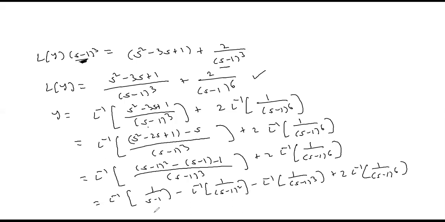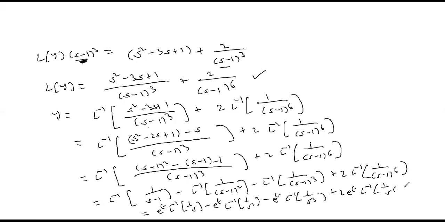And this is going to be e power t into L inverse of 1 by s, minus e power t into L inverse of 1 by s square, minus e power t into L inverse of 1 by s cube, plus 2 e power t into L inverse of 1 by s power 6.